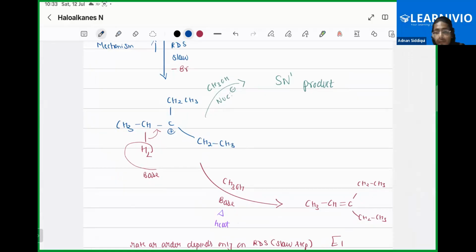In SN1 and E1 reactions, we always get a mixture, but the major or minor product will vary depending on the condition. Suppose you are doing the same reaction, you are using methanol, but your temperature is, suppose, 5 degree. So you will get the substituted product. For example, let me draw that product as well.